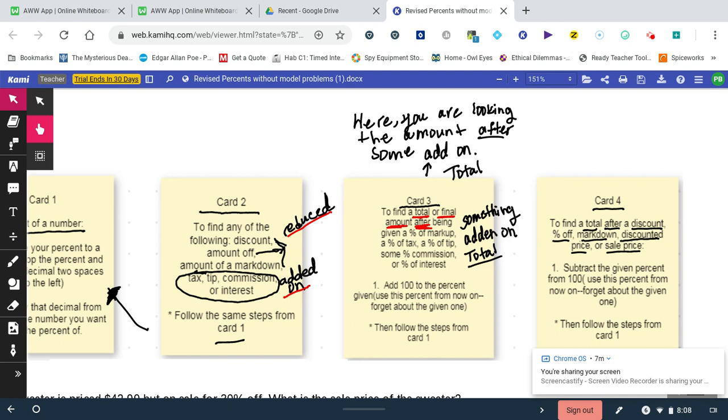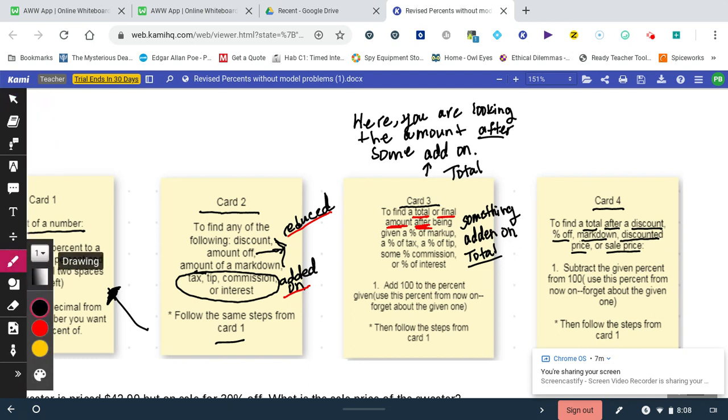All right, but if you see anything like that, if you're looking for some total after some kind of reduction, you're going to use card 4, but only if you're looking for a total after some kind of reduction.